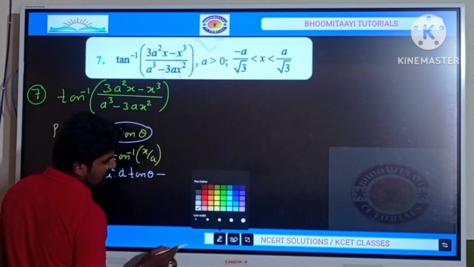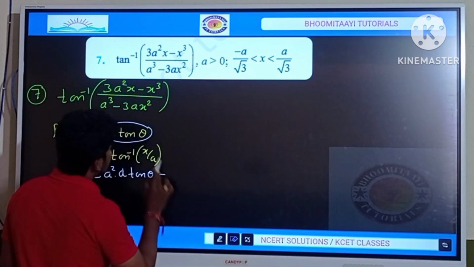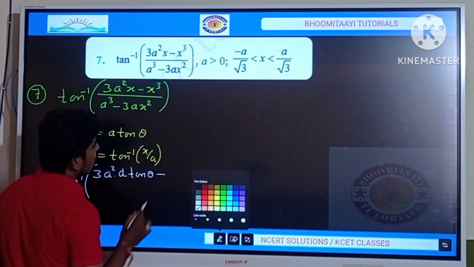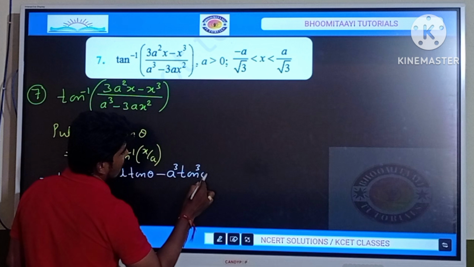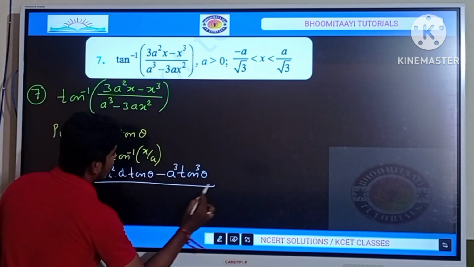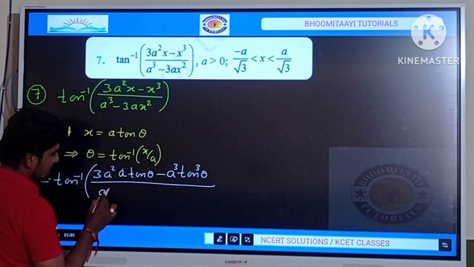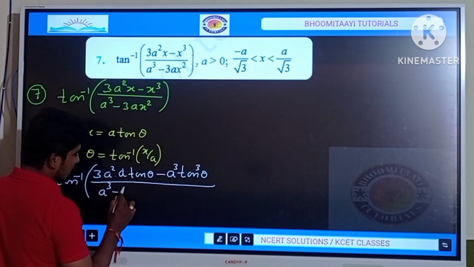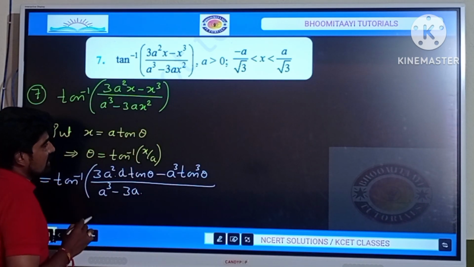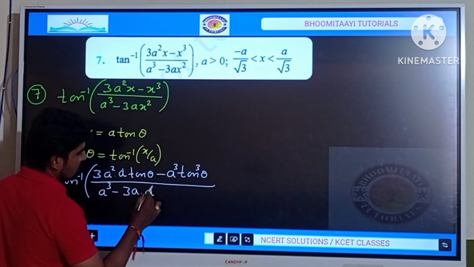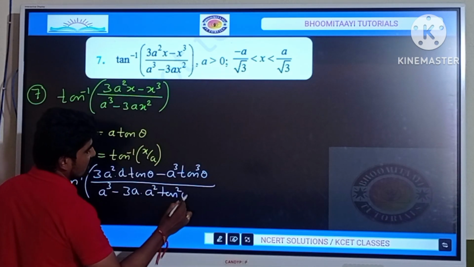If x is equal to a tan theta, definitely x cube is equal to a cube tan cube theta. So a cube tan cube theta divided by a cube as it is, minus 3a as it is, and x square. Since x is a tan theta, x square is equal to a square tan square theta.